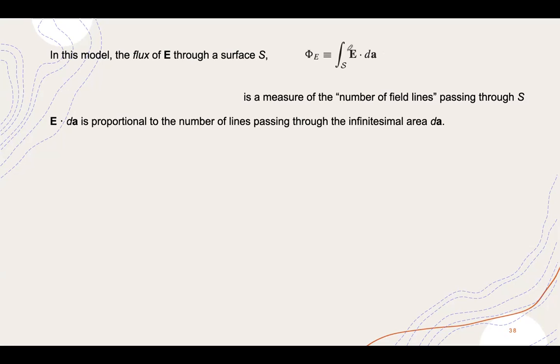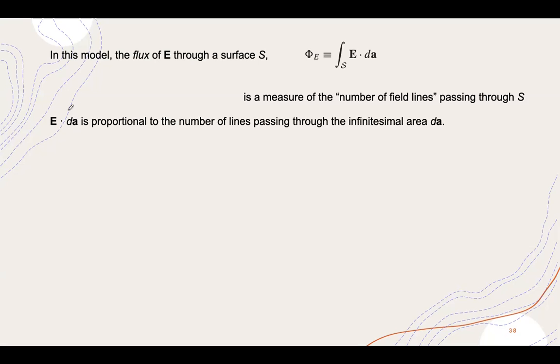Because it is a dot product, and the dot product is basically cosine theta. And if it is perpendicular to each other... So let me just explain what I mean by this.